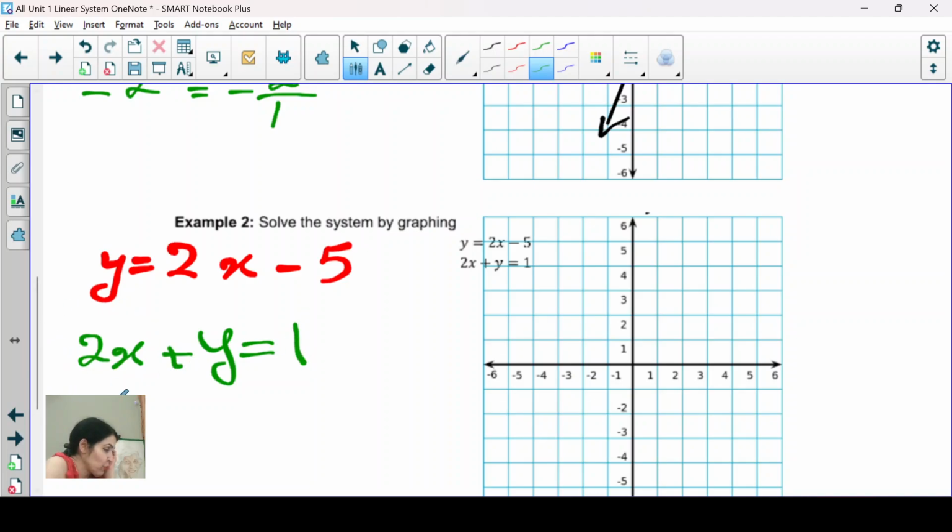We need to move the 2x over to the other side. So we have y equals, and because we have a plus between, when you move to the other side, this plus turns to negative: negative 2x plus 1.